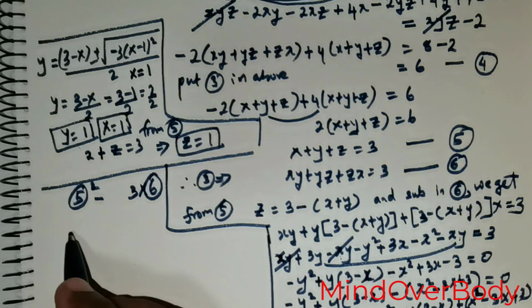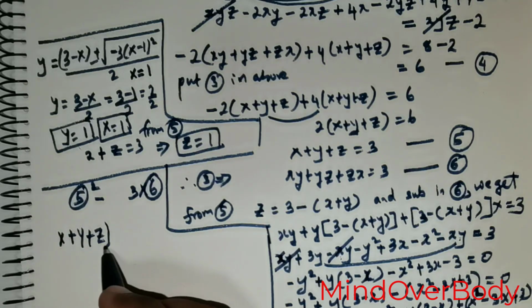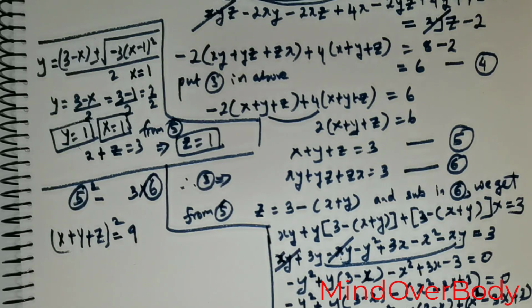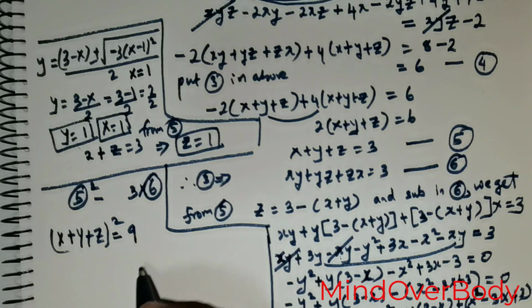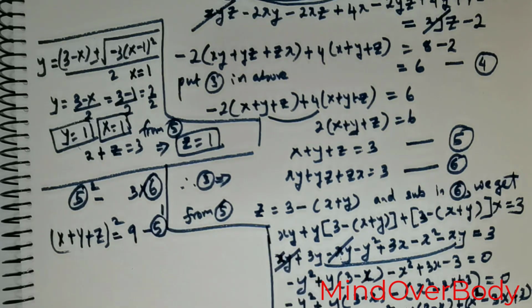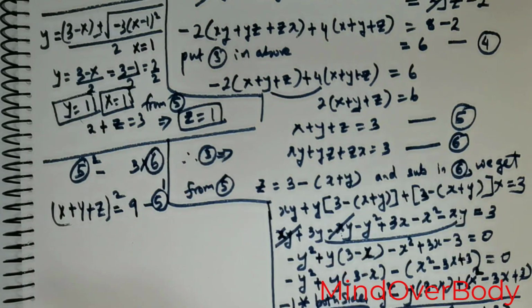So if I square 5, I would get (x + y + z)² is equal to 9. This is my new system. Let me name it 5 prime, and I'm going to multiply equation 6 by 3.